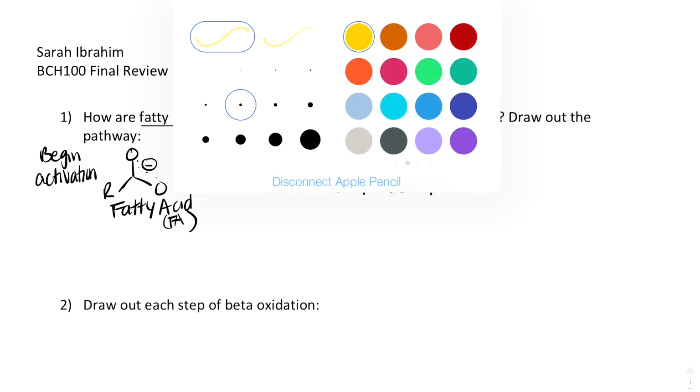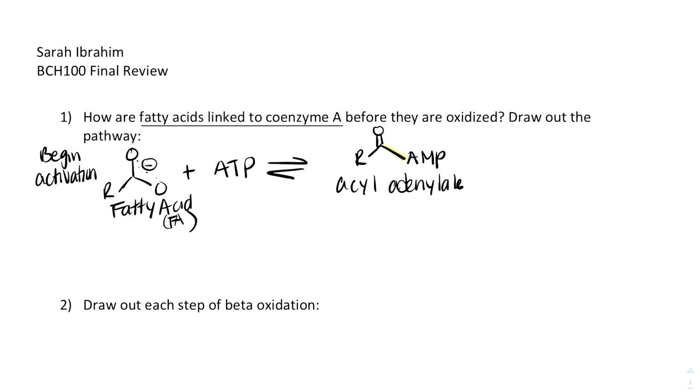We lost two phosphates through the addition of ATP, and that's how we create the AMP. And the bond that I highlighted is a high energy bond, so keep note of that as well.